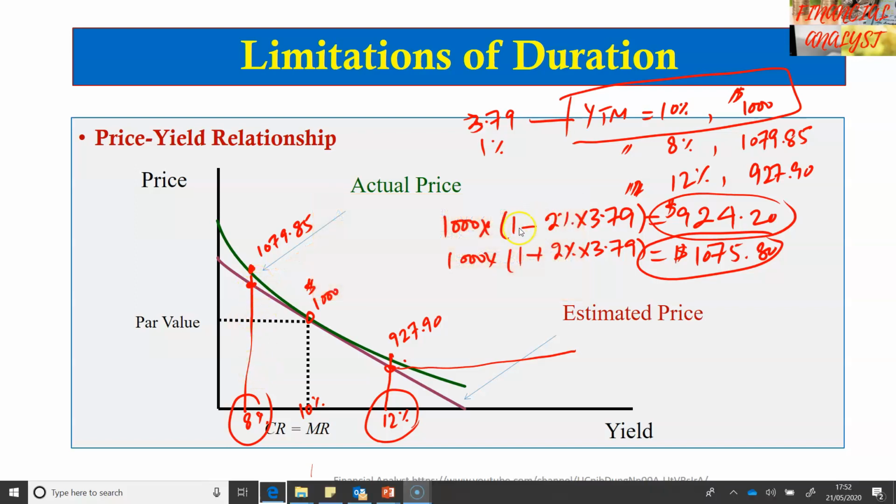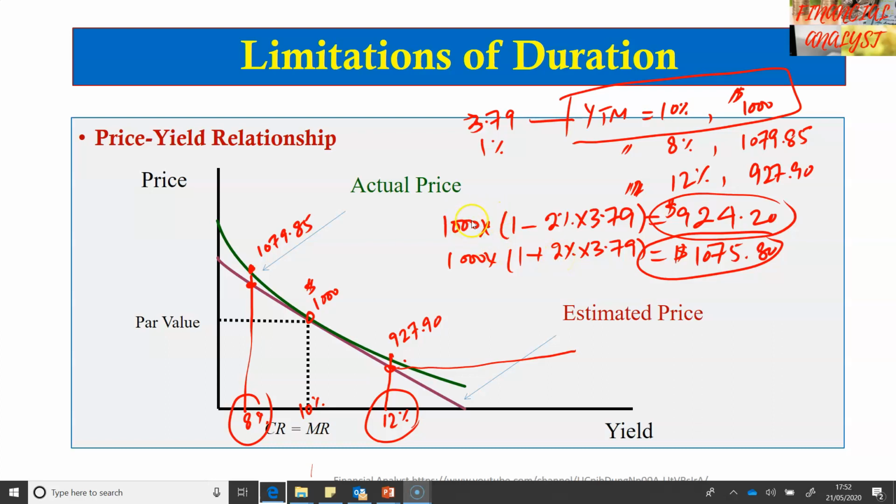Note that for interest rate rise, we have a minus sign here, and for interest rate fall, we have a plus sign here. And this is because of the inverse relationship between bond prices and interest rates. So when interest rates rise, bond prices should fall, and when interest rates fall, bond prices should rise.